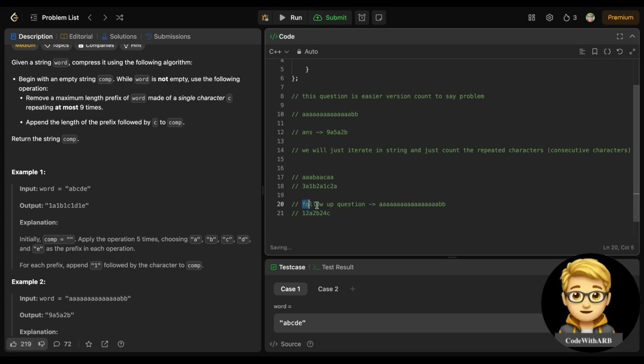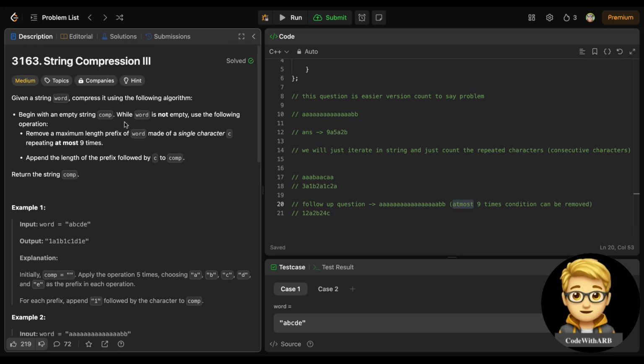This is a follow-up question, that the at most 9 times condition can be removed. You should solve this question after this, or you can solve any question like this, right?